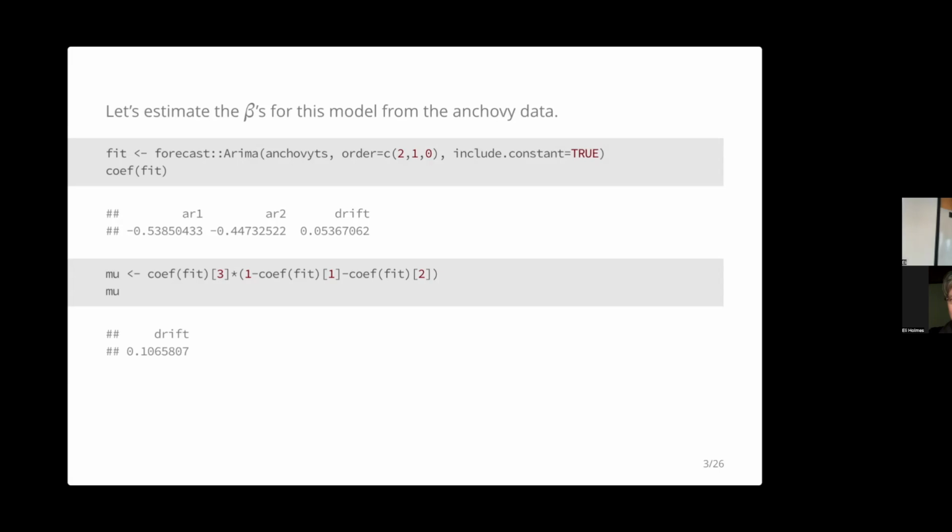You can look at what it was estimating, the coefficients. If you actually wanted to get what that trend was, there's a little bit of algebra there. Typically, we're not really concerned about pulling out the trend from this mean.